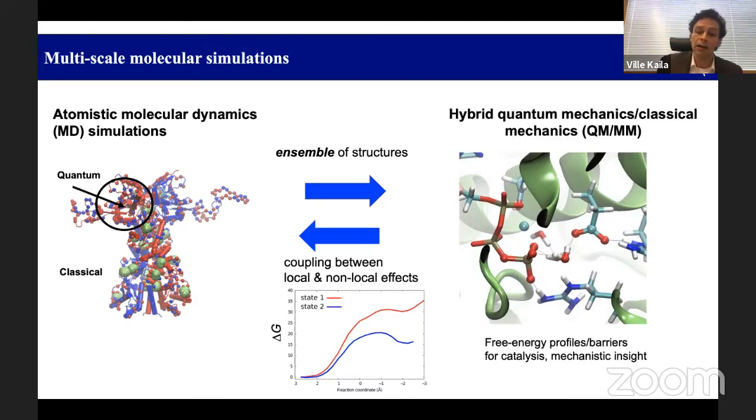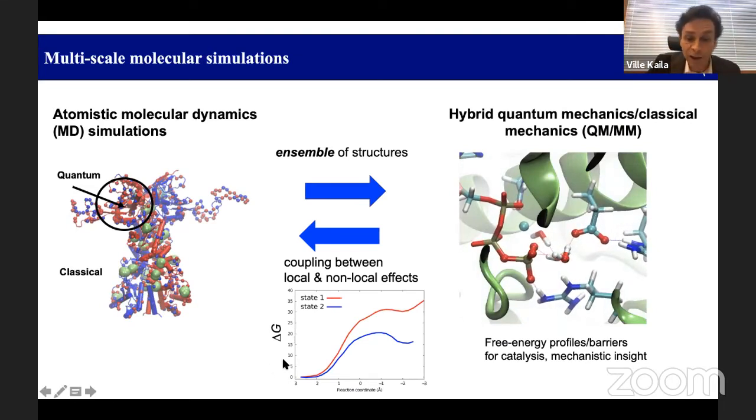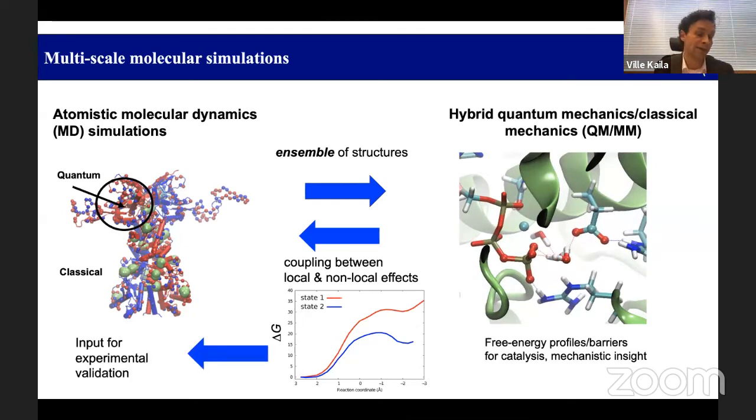And for this, we can then use methods, for example, to calculate free energy profiles with umbrella sampling or something like that, and then couple various specific conformational changes in the protein to differences in activity that we can read out from these free energy profiles. And this provides a very powerful way to design experiments and validate your mechanistic understanding experimentally.